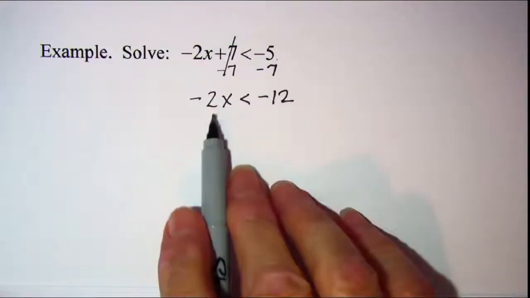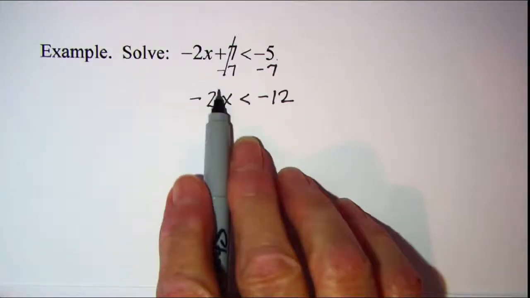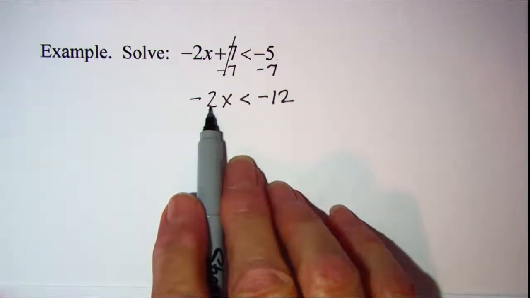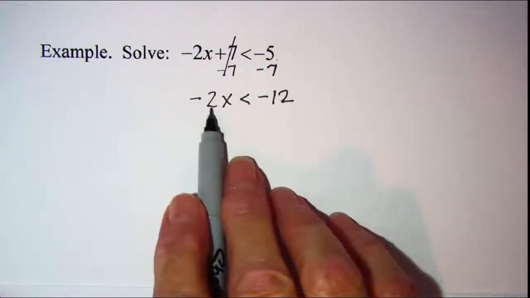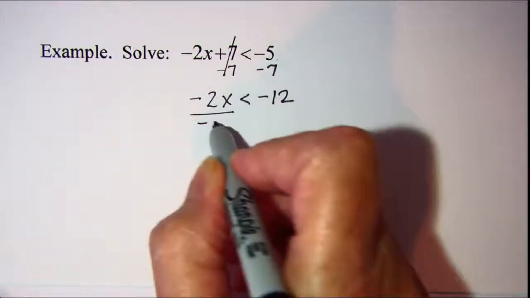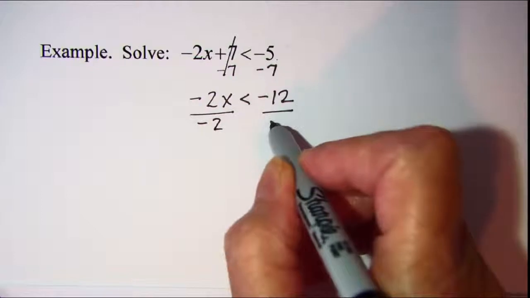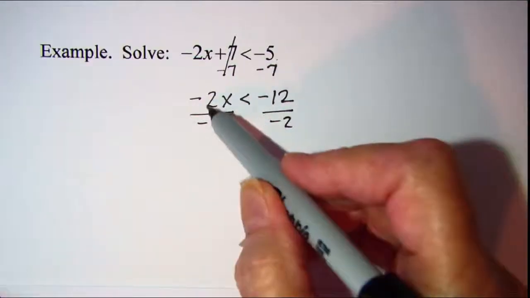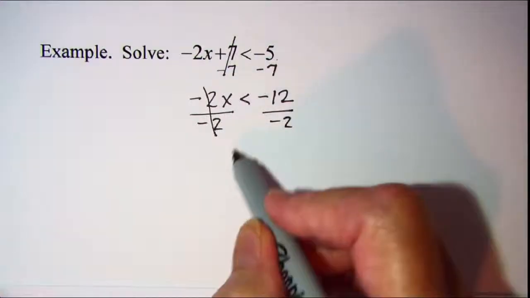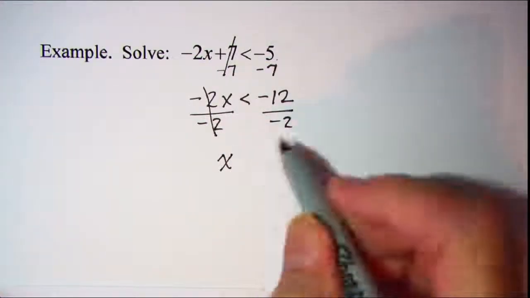The next thing that we'll want to do is get the coefficient of x to be equal to 1. So since this is a negative 2 times x, I'm going to divide both sides by negative 2. Then negative 2 divided by negative 2 is 1. These will cancel. And I have x on the left side.